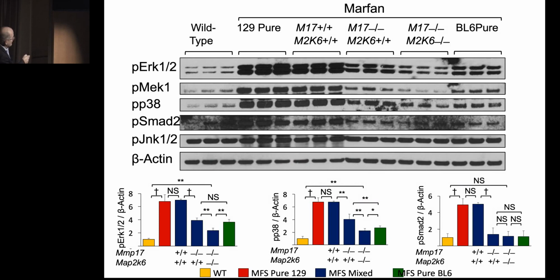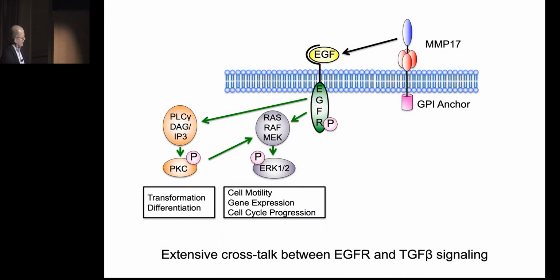Again, if you only knocked out MMP17, you saw an intermediate result with regard to signaling, attesting to the fact that it's both of these genes that are contributing to the protection. Now, MMP17 is a really interesting molecule. It's a GPI-anchored form of a matrix metalloproteinase.